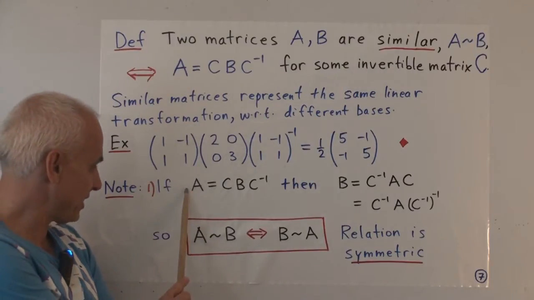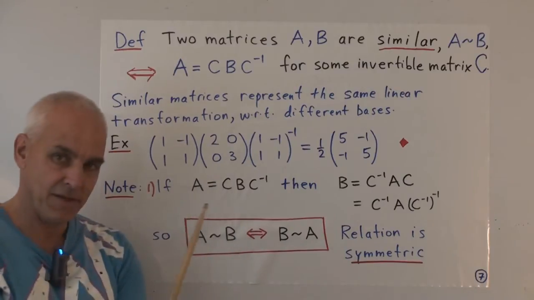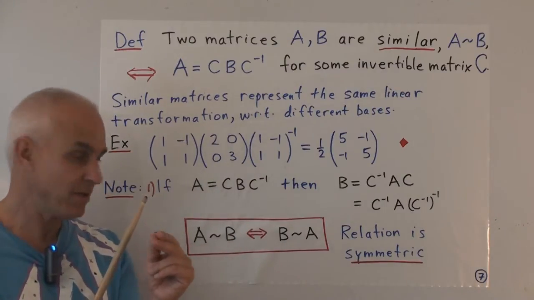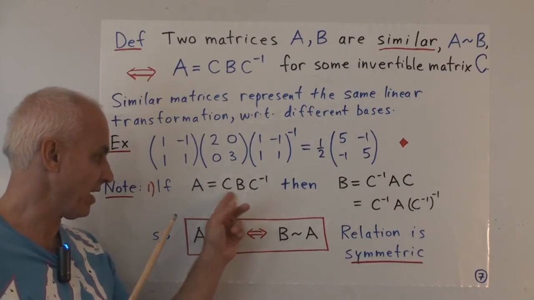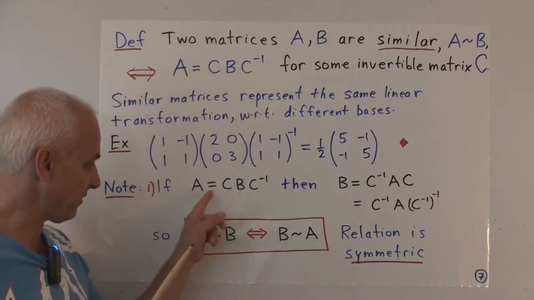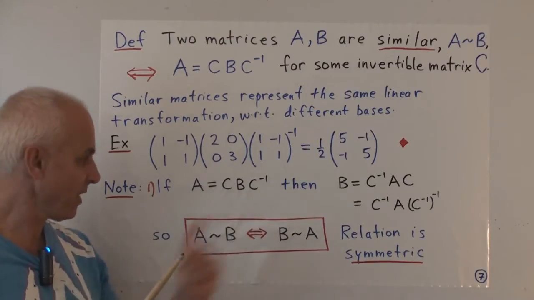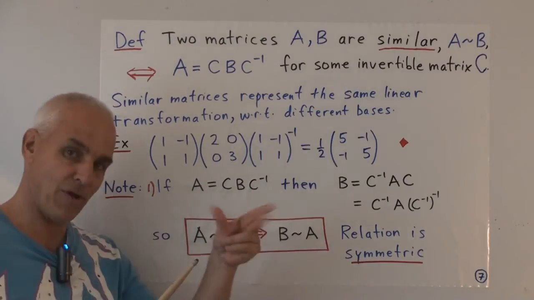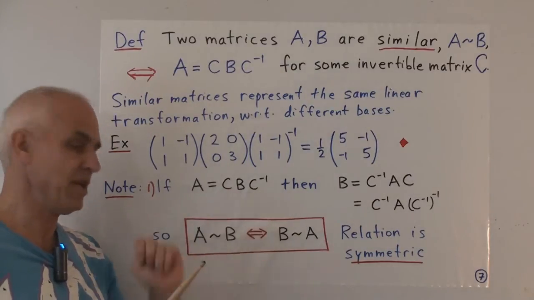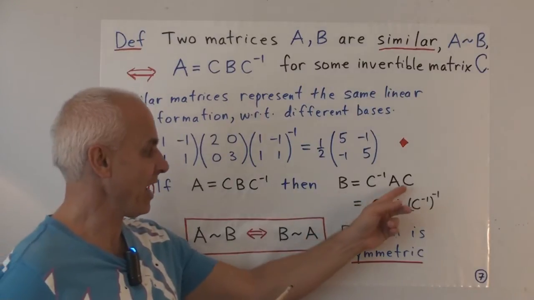If we multiply this by C inverse and this on the left by C inverse, then this C inverse and this C become just the identity matrix, and then that essentially disappears because the identity times anything is anything. So that's the first thing. You multiply by C inverse on the left, and then you multiply by C on the right. Well, the C multiplying that C inverse will also give you an identity matrix, and you'll just get B on the right-hand side here. So you'll get that B equals C inverse A C.